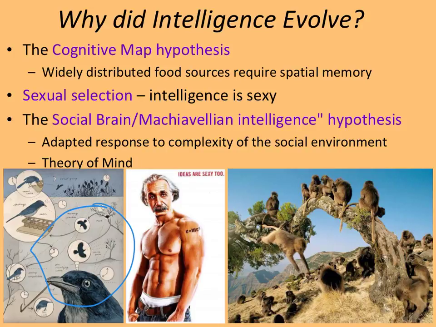Another is mate choice. Anybody in here, did you usually pick someone that you are attracted to because of the way they look or because of how smart they are? I always go for looks. But I come from that generation, you know, what are you going to do?